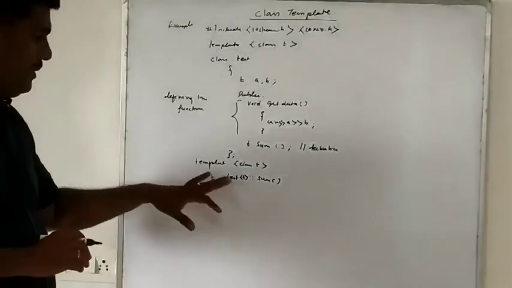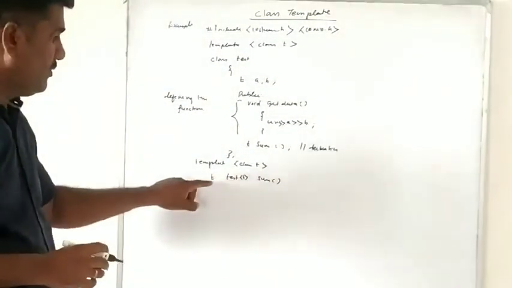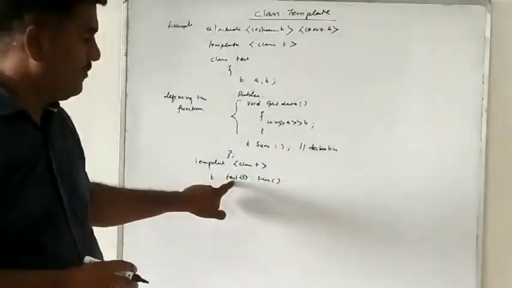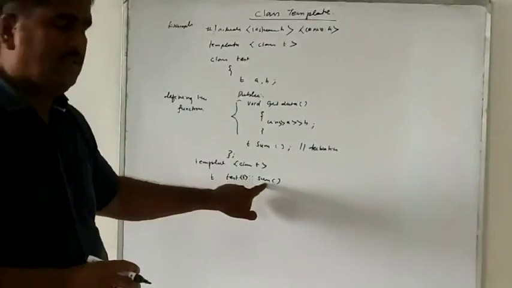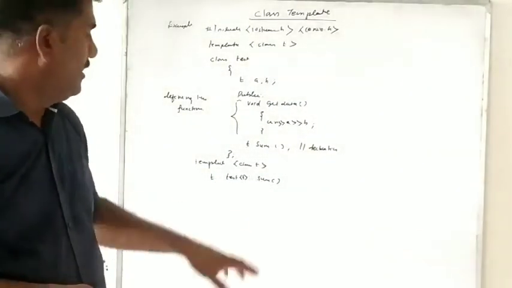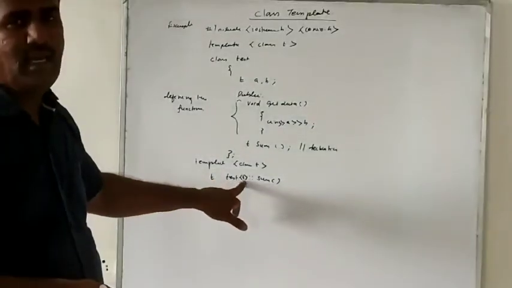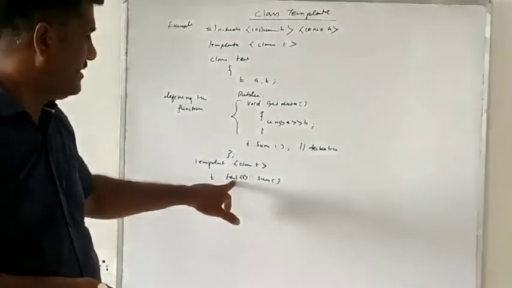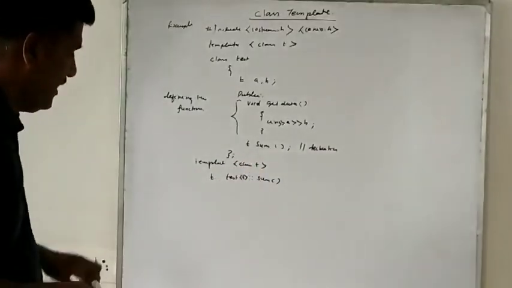Everything else is the same. The return type we don't know, so you put T. This is the class name, then the scope resolution operator and the function name. This is the syntax of an outside member function definition, but we include the class template between test and the scope resolution operator.